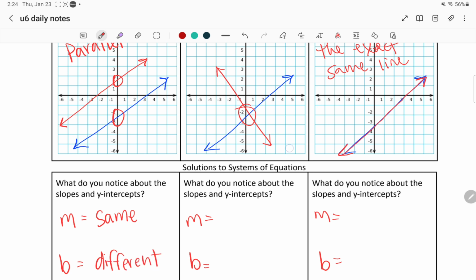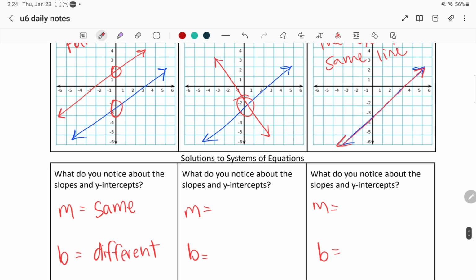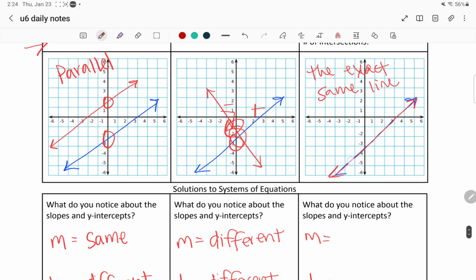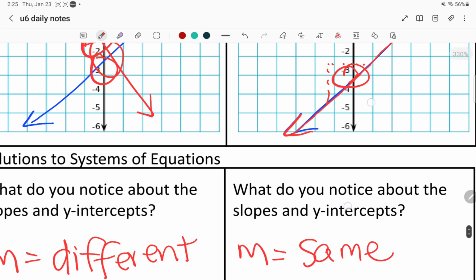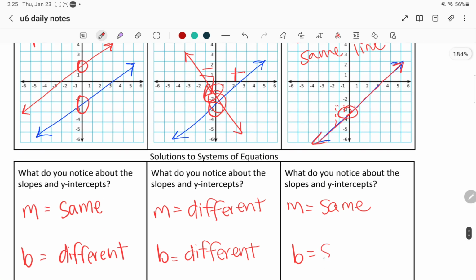When I have two lines that cross only once, notice I have a negative slope and a positive slope. My slopes are definitely different, and my y-intercepts are different. When I have the exact same line, my slopes are the same, and they both cross in the exact same spot on the y-axis, so my y-intercepts are the same too.